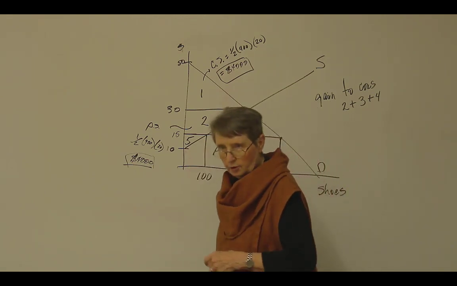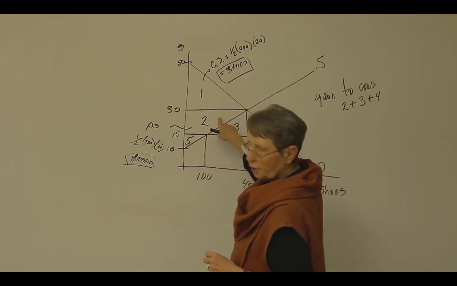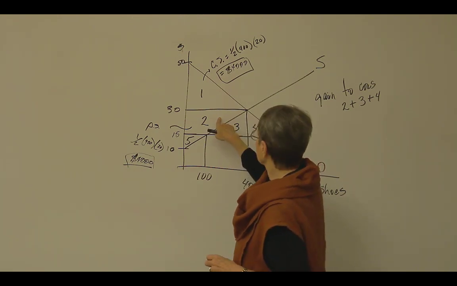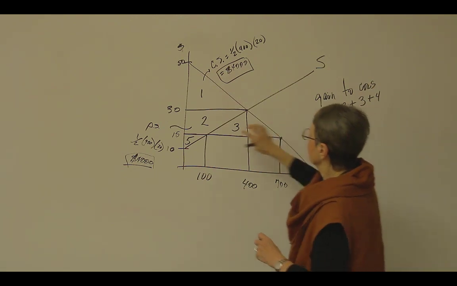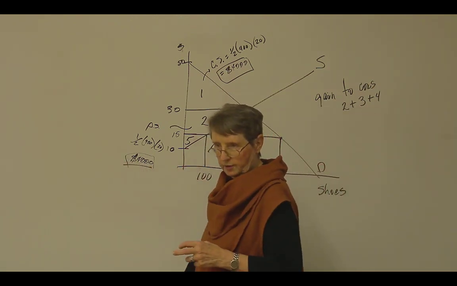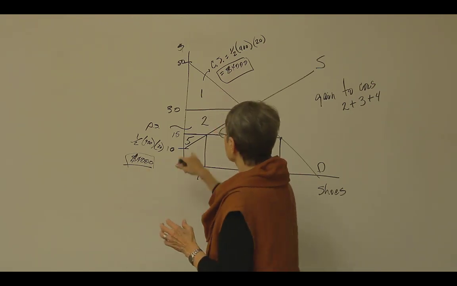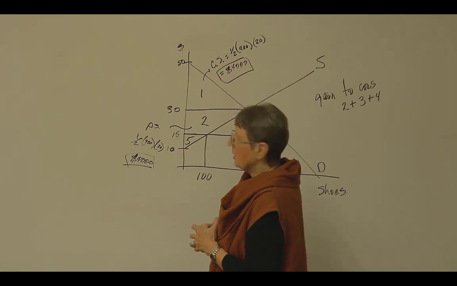Now, domestic producers have lost. In fact, area 2 used to be domestic producer surplus, but area 2 now is part of consumer surplus. So in fact, area 2 is a wealth transfer within the economy. It's still in the economy. It's just been transferred from domestic producers to domestic consumers.